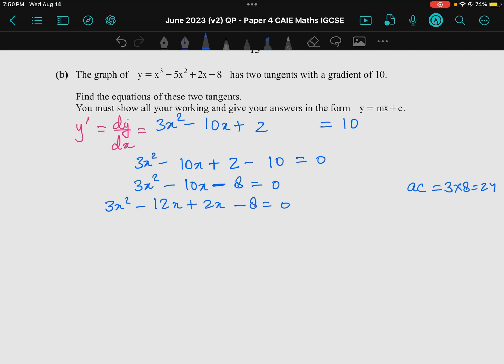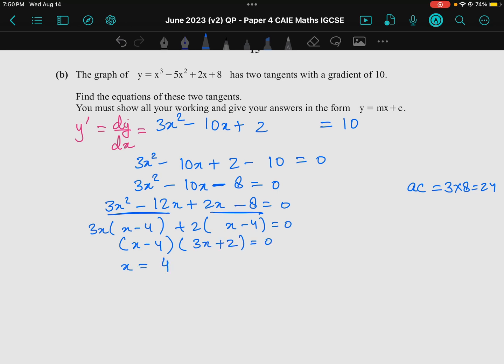So taking common the first two terms and last two terms, 3x is common, so in bracket you will get x minus 4. Here 2 is common, so you will get x minus 4 equals 0. So in one bracket x minus 4, the other bracket is 3x plus 2 equals 0. So from here you will get the values 4 and minus 2 upon 3.